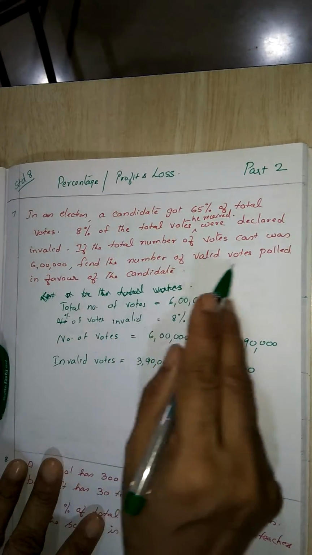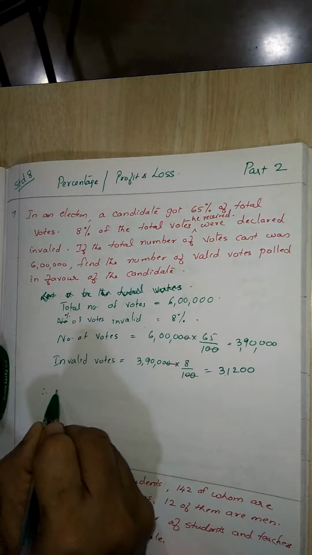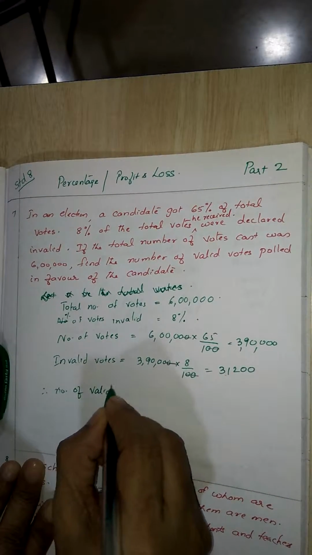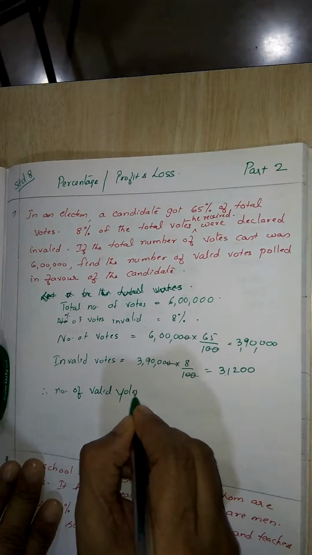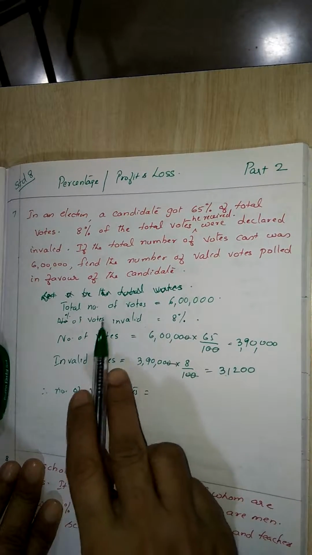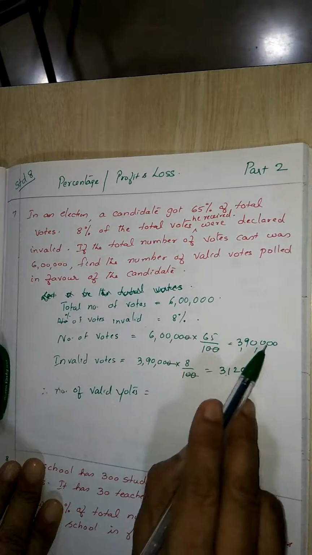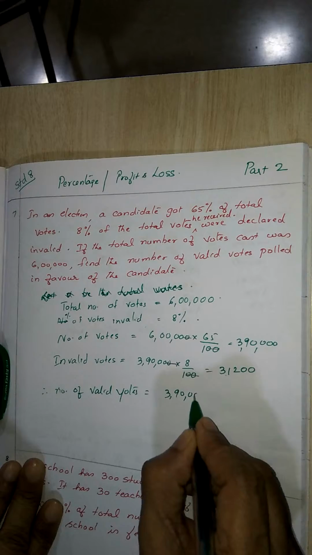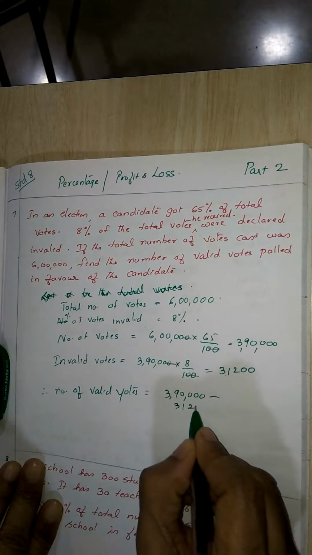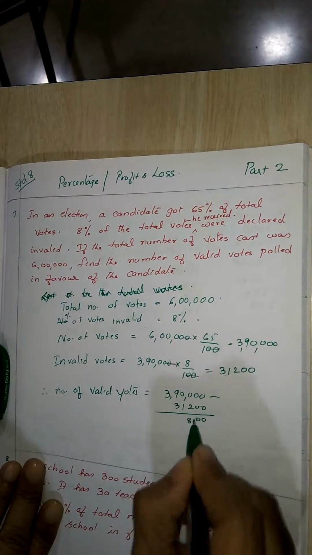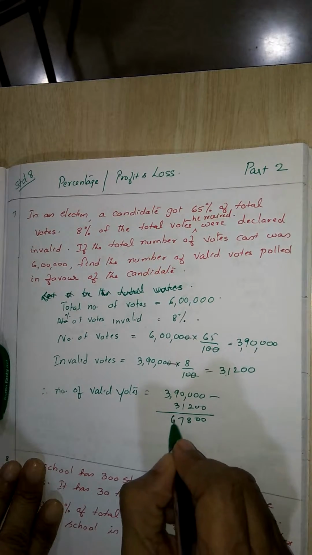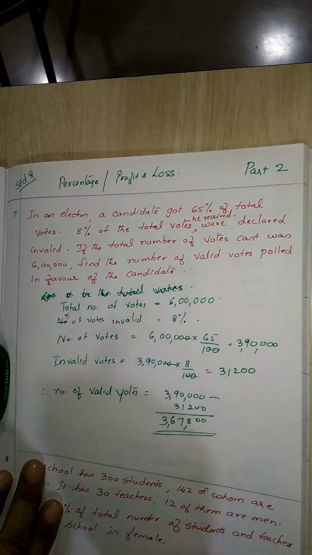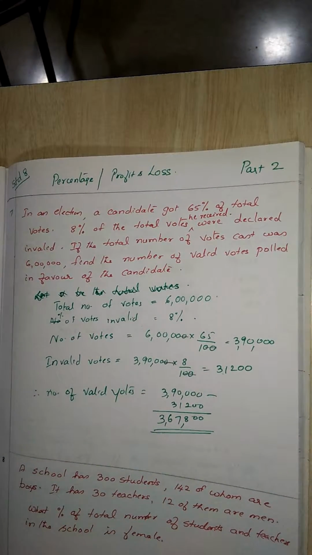So now the number of valid votes is equal to the number of votes he received, 3,90,000, minus 31,200. So you'll get 3,67,800 votes is what he got as valid votes.